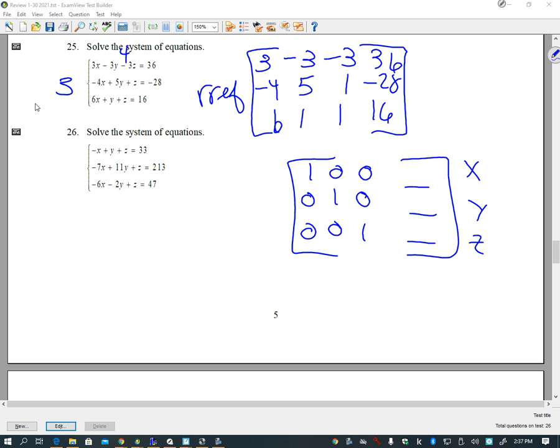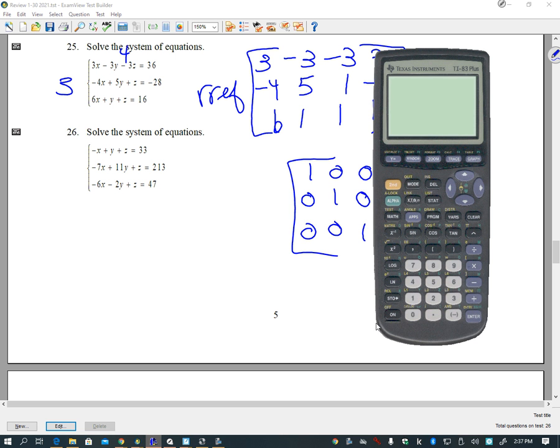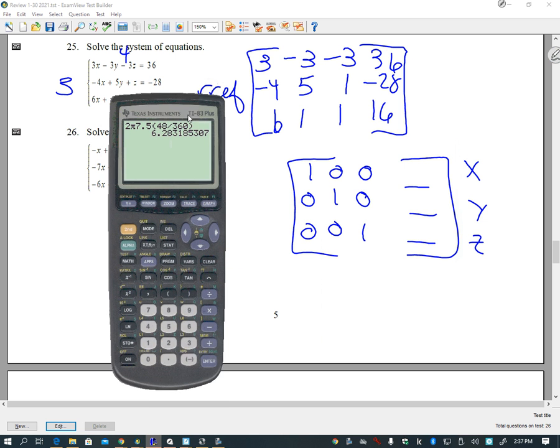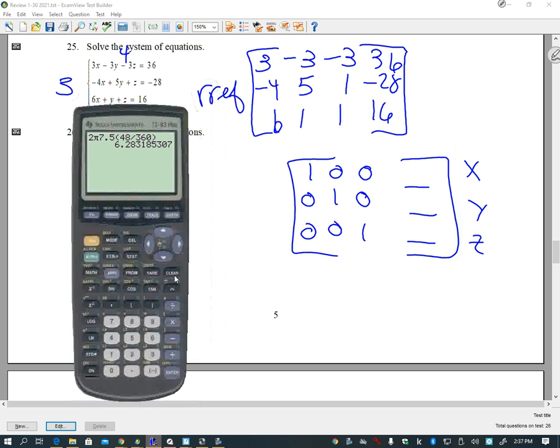I'm going to do the first one, number 25 up here for you. You guys need to practice on 26. So I'm going to hit second matrix. I'll wait for some of you guys to get settled in here.